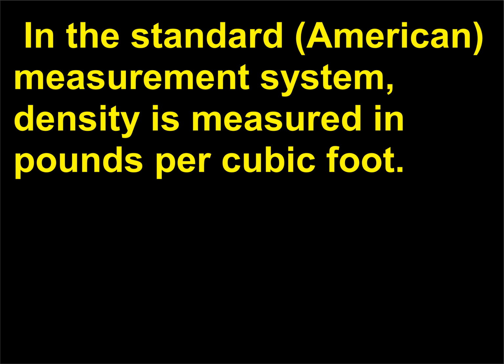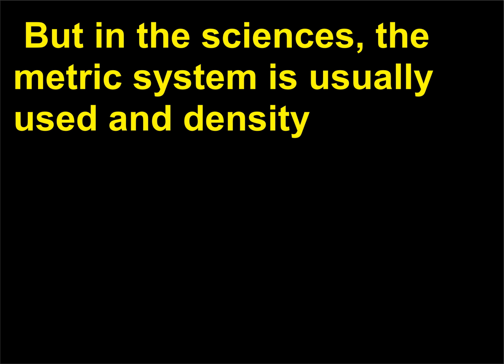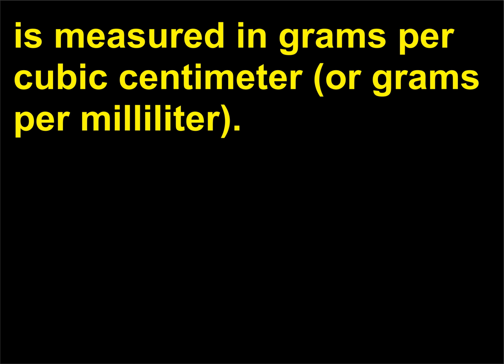In the standard American measurement system, density is measured in pounds per cubic foot. But in the sciences, the metric system is usually used and density is measured in grams per cubic centimeter, or grams per milliliter.